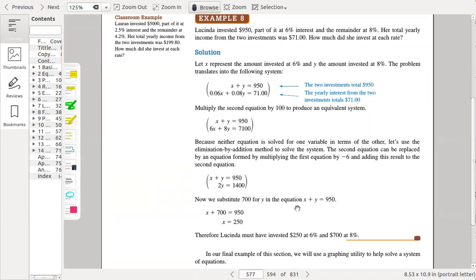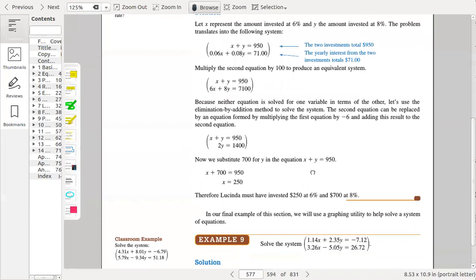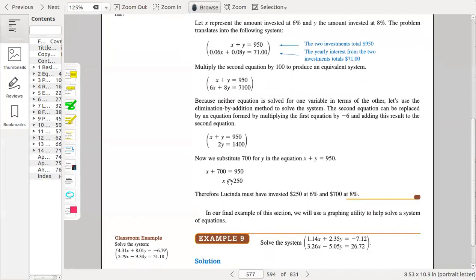Then we can put this value of y in the first equation, x plus y equal 950, x plus 700 equal 950, and x is equal to 250. So therefore, Lucinda must have invested $250 at 6% and $700 at 8%.